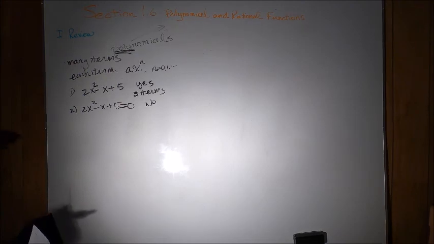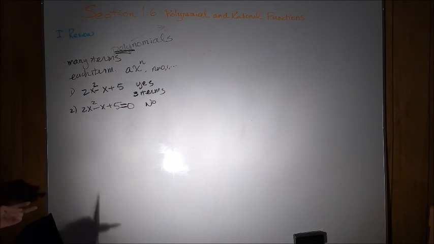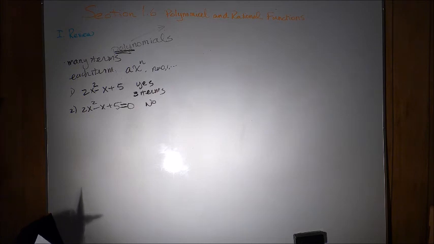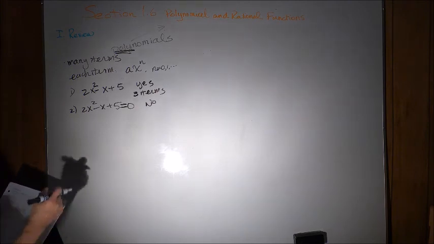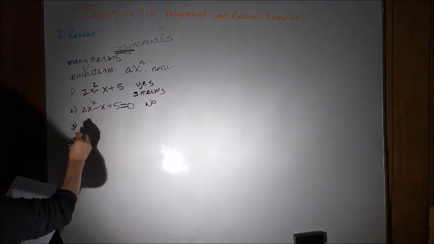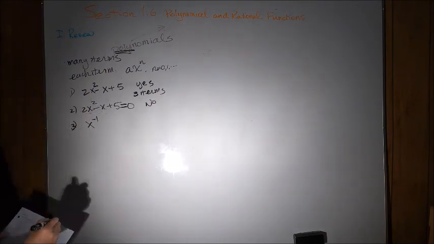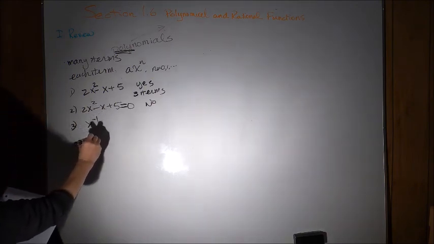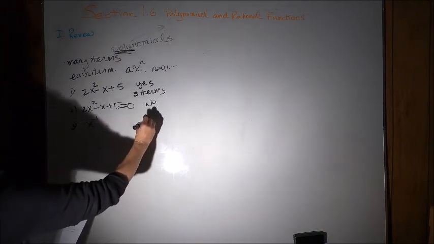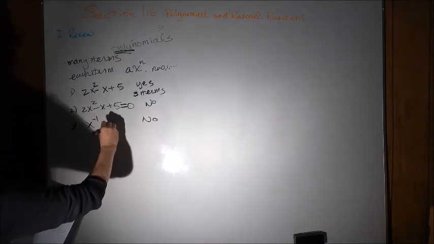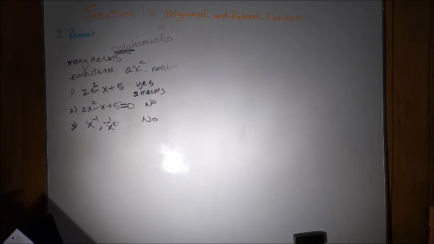Polynomials have different names. One term, we call it a monomial. 2 terms, binomial. 3 terms, trinomial. Then 4 terms and 5 terms, right? So if I write x to the negative 1, is this a polynomial? No. If we write 1 over x squared, is this a polynomial?